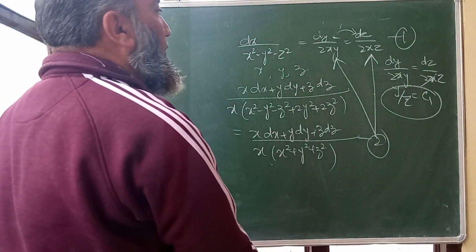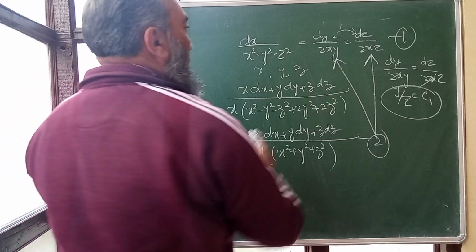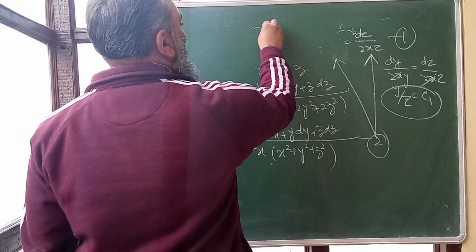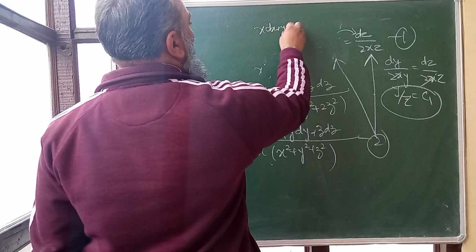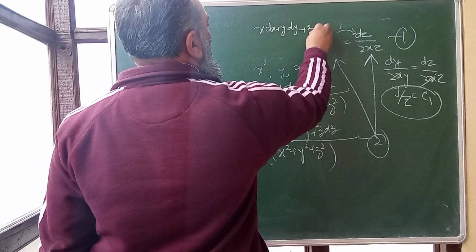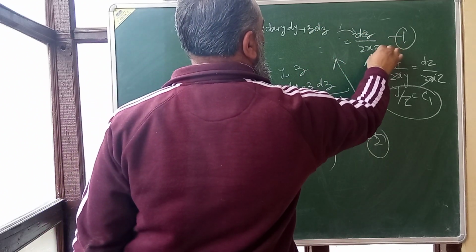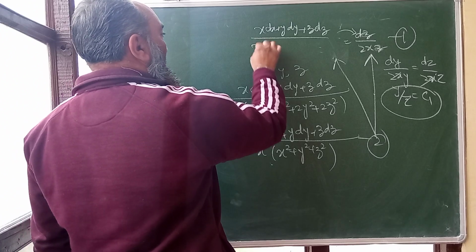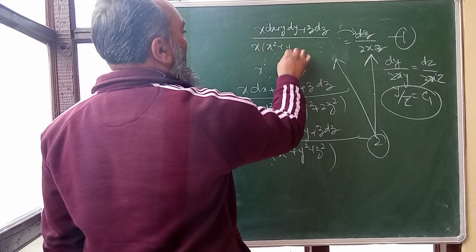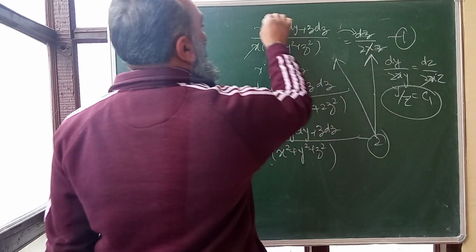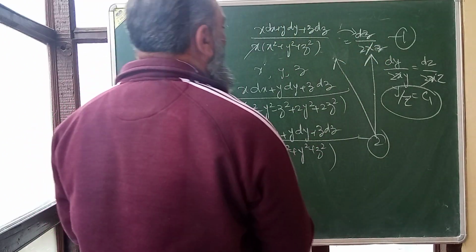Choosing 2 with the third fraction of 1 together, we will have x dx, y dy, z dz over x times (x square plus y square plus z square). The x goes to 2, you can take it over here.